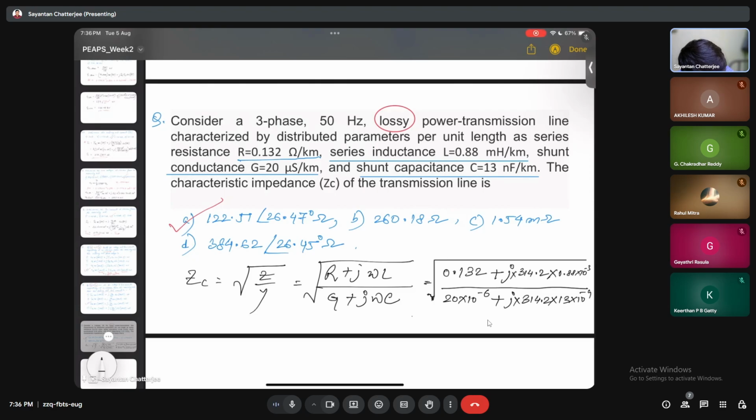So it's just calculation intensive, nothing else. So the answer will be 122.51 angle 26.47. So this is the value of characteristic impedance.